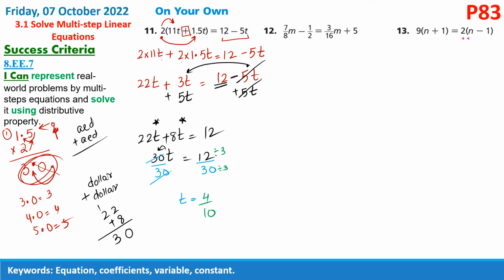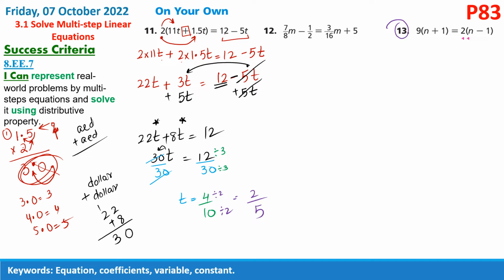Now, they also go in the table of 2. So, 2 times 2, 4 and 2 times 5, 10. Memorize times table.